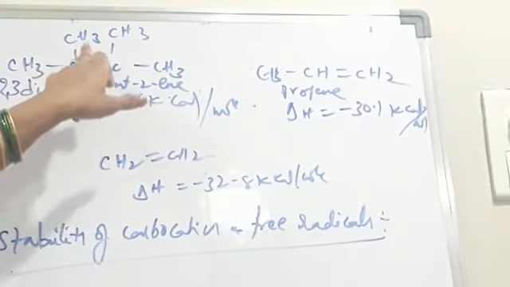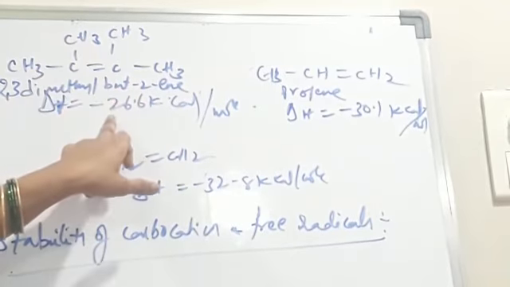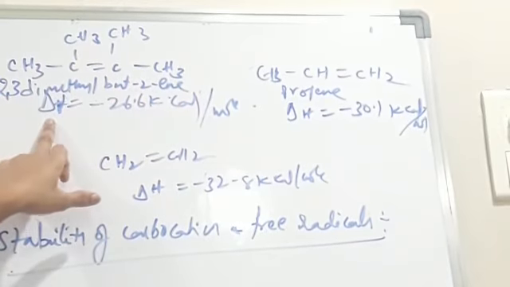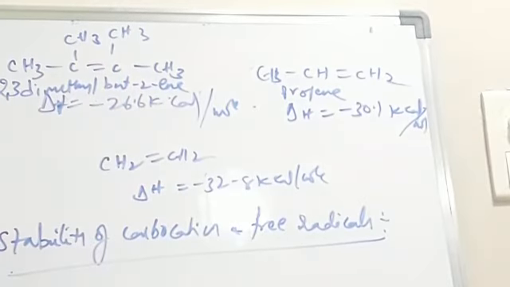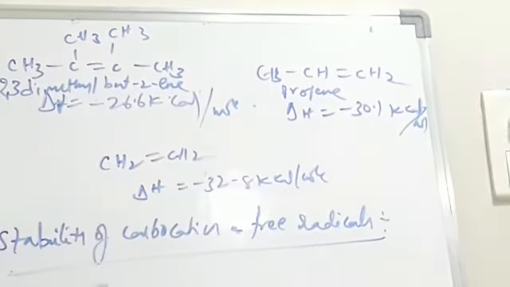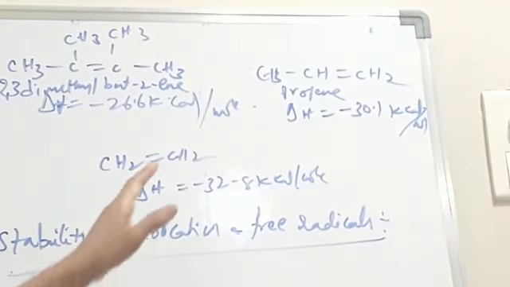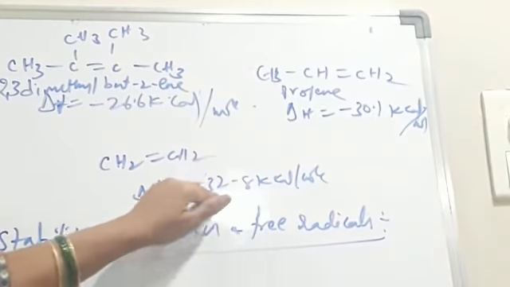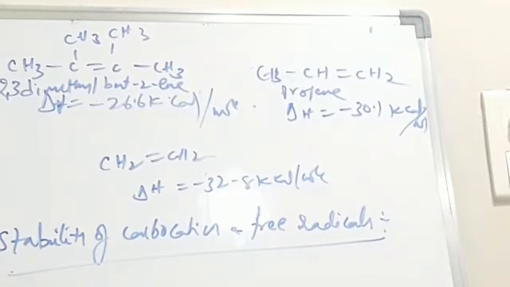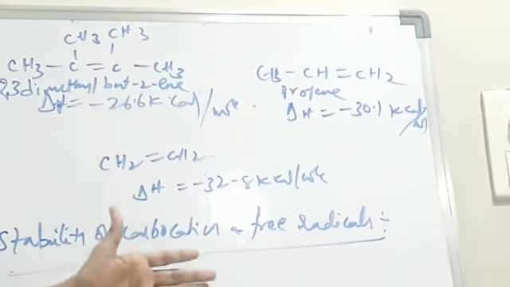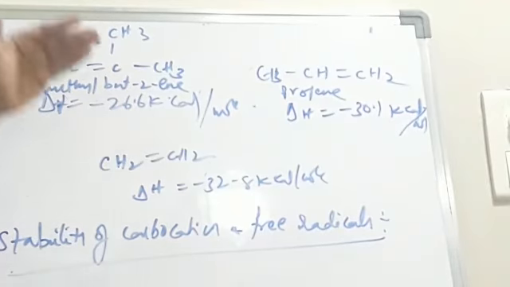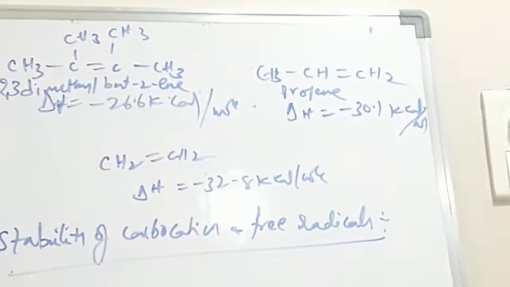For 2,3-dimethylbutadiene, the heat of hydrogenation is minus 26.6 kilocalories per mole. For propene it is minus 30.1 kilocalories per mole, and for ethene it is minus 32.8 kilocalories per mole. So if a compound has more alkyl groups, it is more stable, with a lesser heat of hydrogenation value.